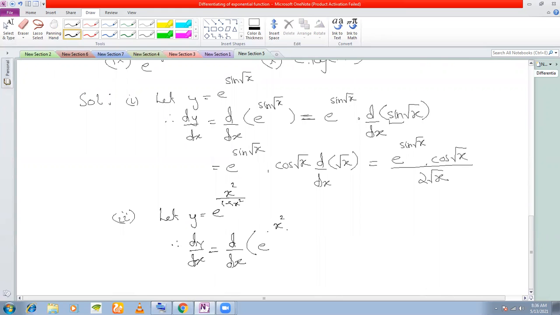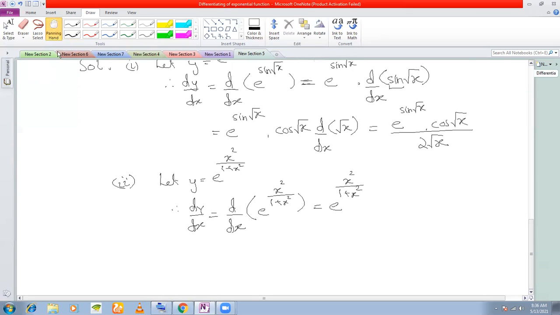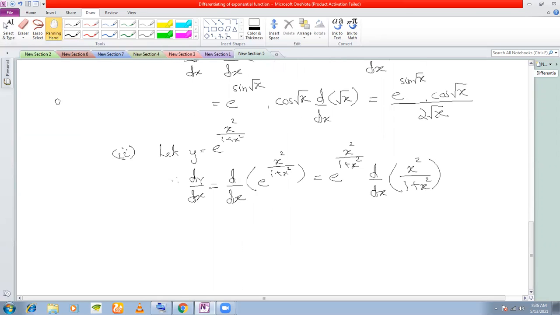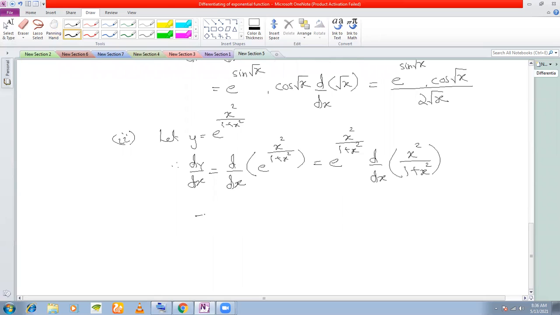E to the power x square by 1 plus x square, and then d dx of the power. Yes, the differentiation of the power. And how will I differentiate this x square by 1 plus x square? You can use u by v rule directly, no problem.